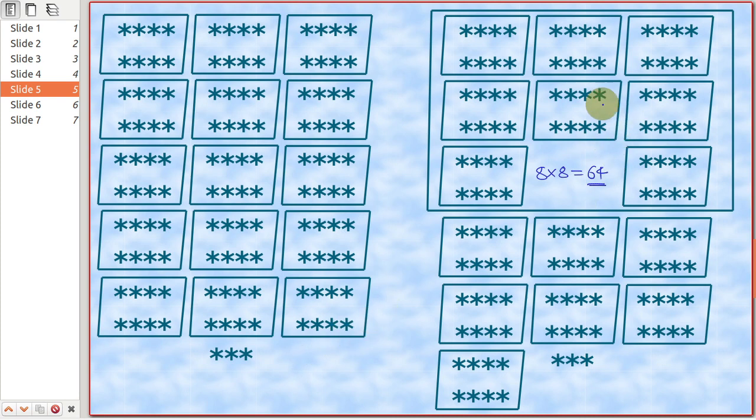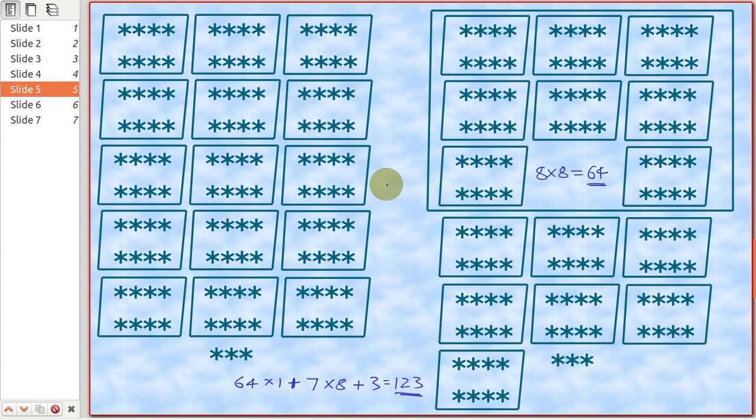So how many such boxes of 64 do we have? 1. So one box of 64 size, plus, out of these, 8 boxes have been used. There were 15 boxes in total, so we are left with 7 boxes of 8 stars each, and then we are left with 3 stars. So this is also 123 in total.